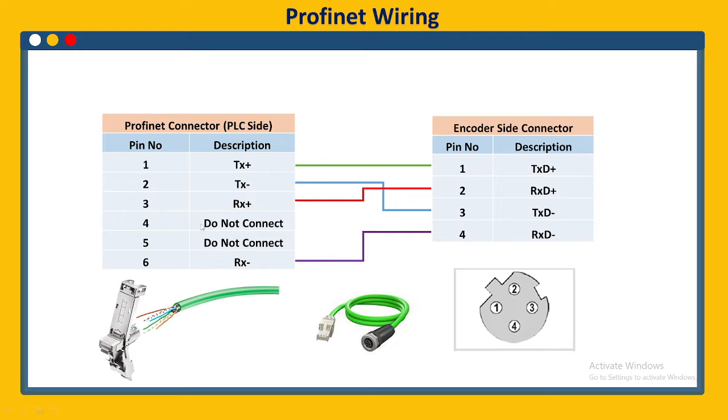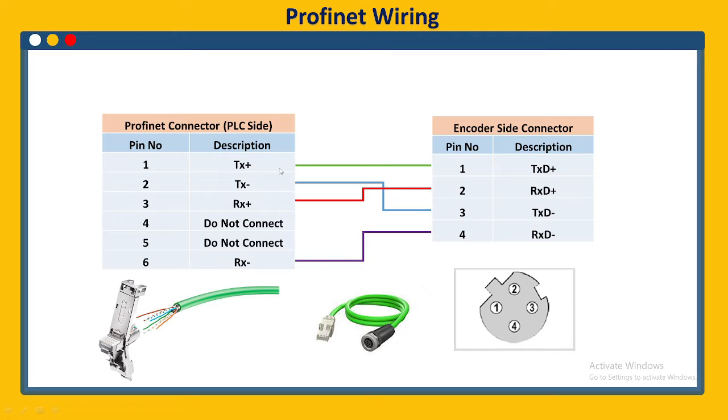You can see this is the PLC side. This is the Profinet connector, which we will connect to the PLC, and this is the encoder side wiring. So this is a 4 pin connector on the encoder side. This is basically a cable, one side is a Profinet connector and the second one is a 4 pin connector. For the Profinet connector, the first pin is TX plus.